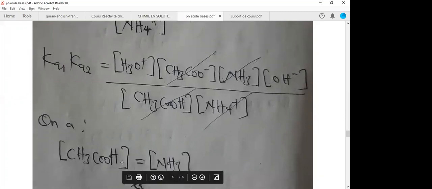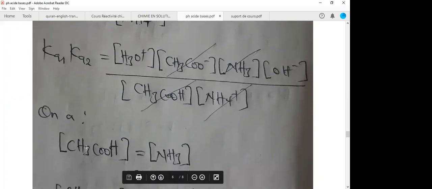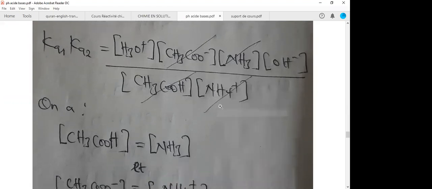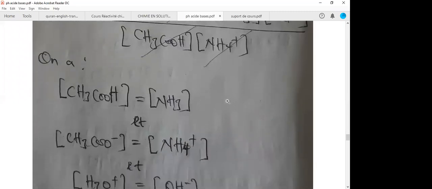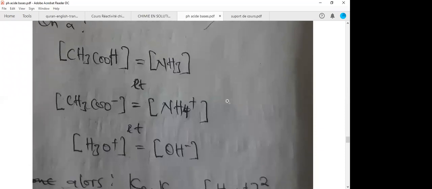And we've been told that the concentration of the acid is equal to the concentration of the base, meaning we cancel this one and this one, they are the same. The concentration of this base conjugate is equal to the concentration of the acid conjugate, so we cancel these again.